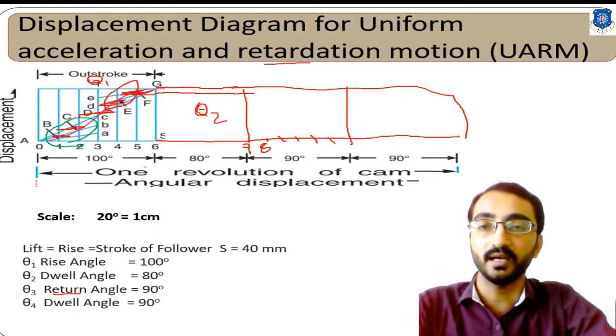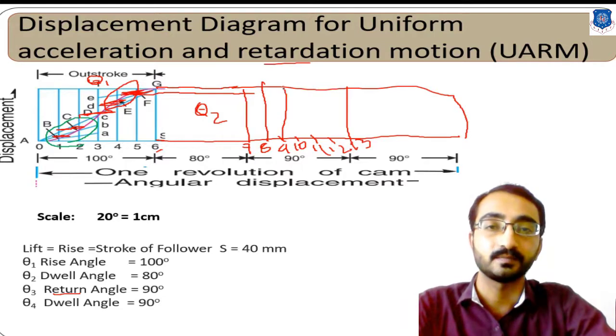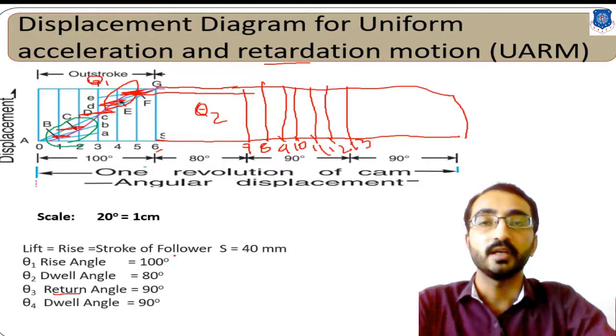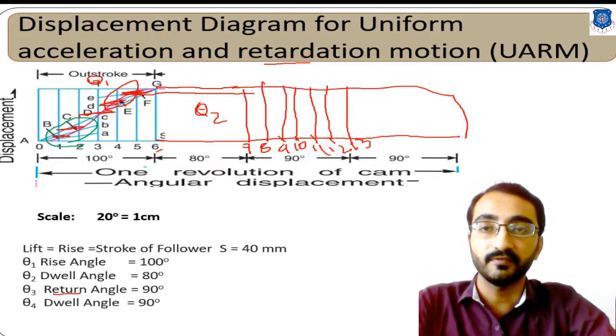If you have completed 6 points over here, then 7, 8, 9, 10, 11, 12 and 13 points. Now extend these vertical lines. Now this horizontal line you need to simply extend from the first obtained points.